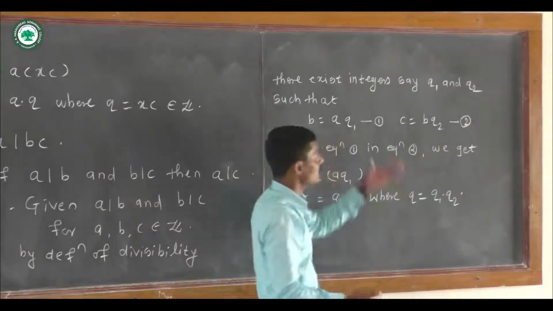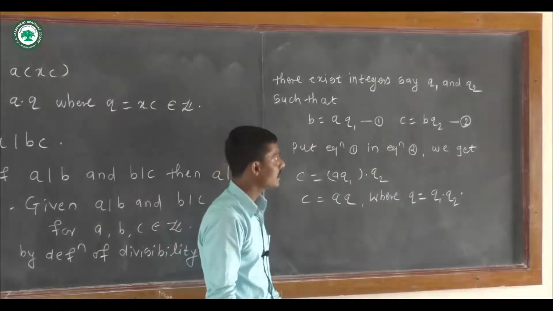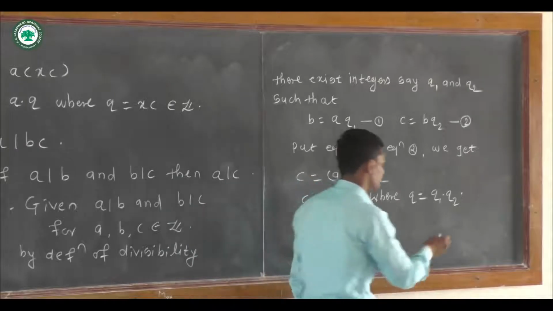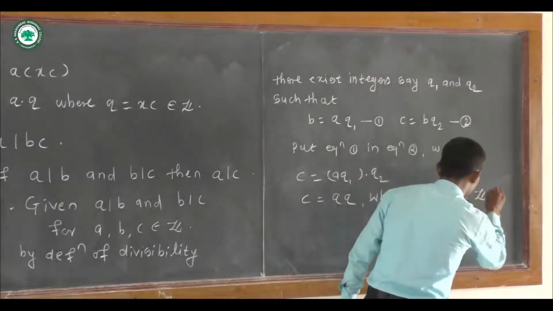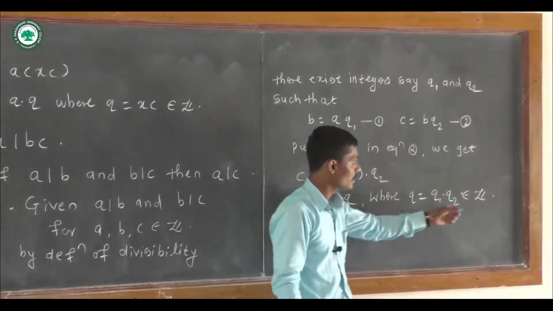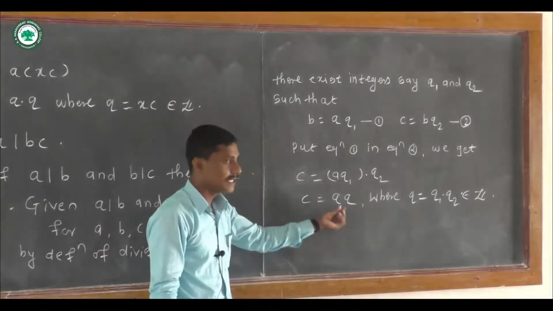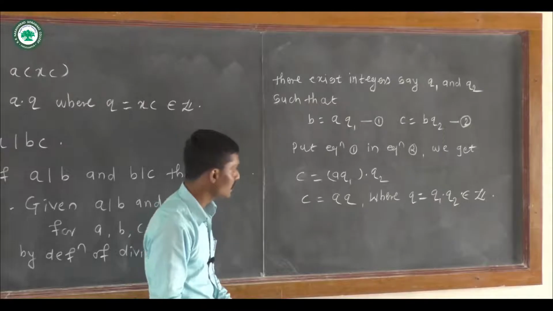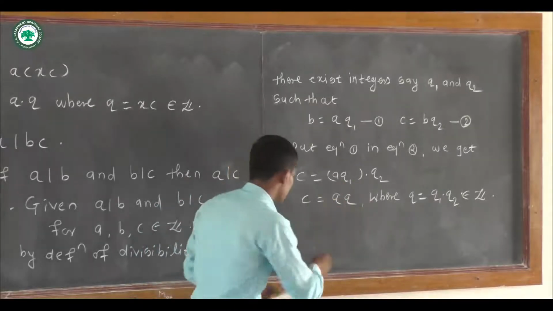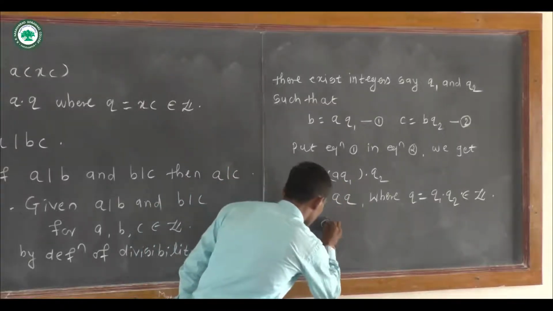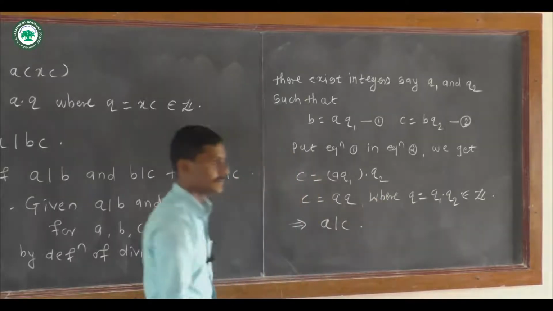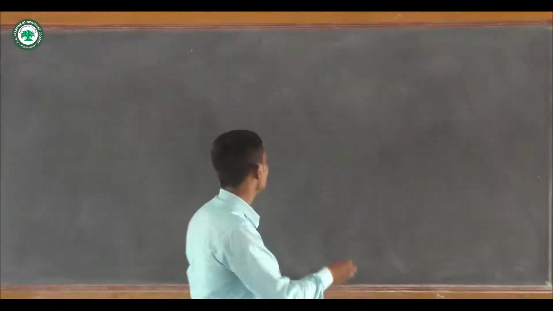Here q1 is an integer, q2 is an integer, so q1 into q2 is also an integer. That is, q is equal to q1 into q2 belongs to Z, and here we have proved c is equal to a into q, and by definition of divisibility, it can be written as a divides c.